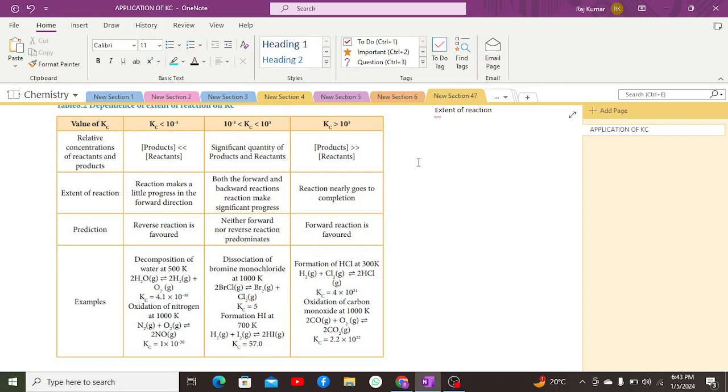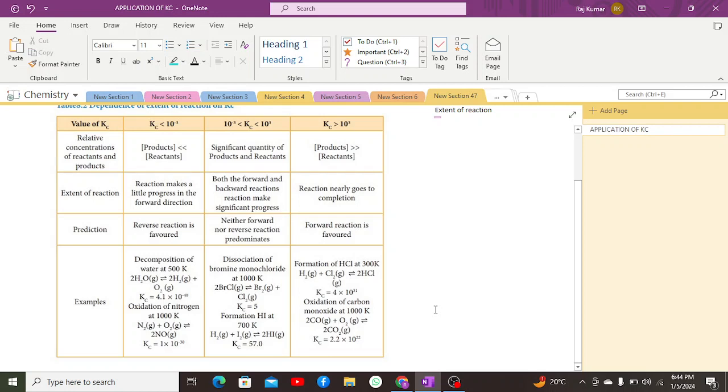So it is concluded that the reaction never goes to completion. Examples include the dissociation of bromine monochloride at 1000 Kelvin: 2 bromine monochloride dissociates into bromine and chlorine.